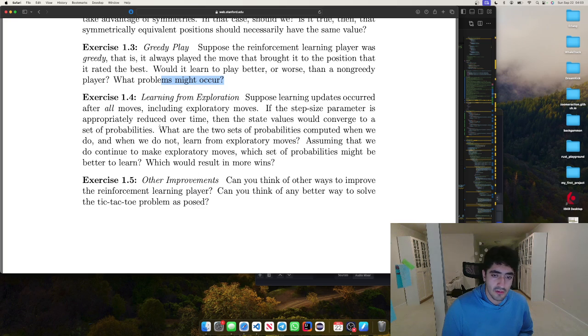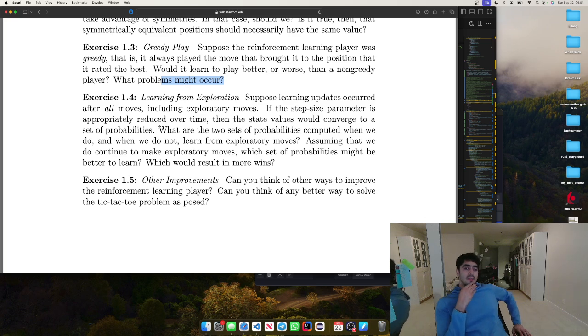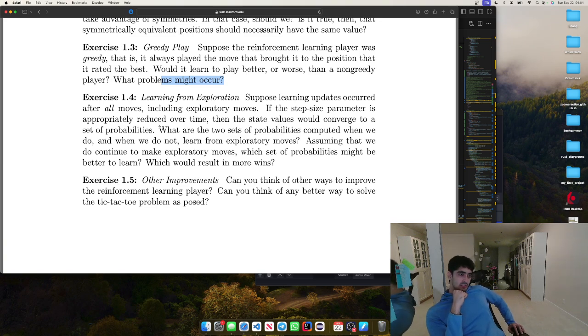What are the two sets of probabilities computed when we do and we do not learn? So we should converge to a set of probabilities, which I kind of see.